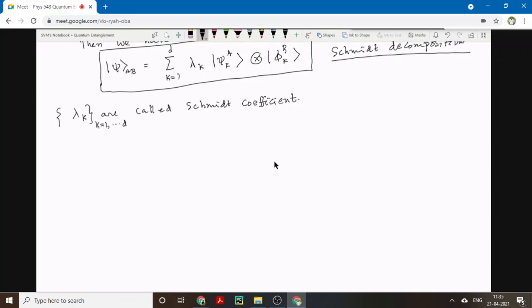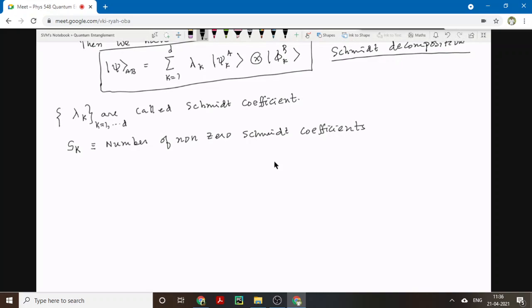Let us define some Sk as the number of non-zero Schmidt coefficients.